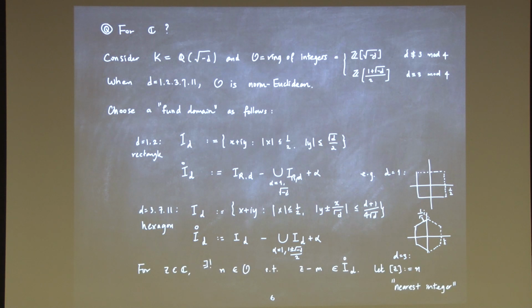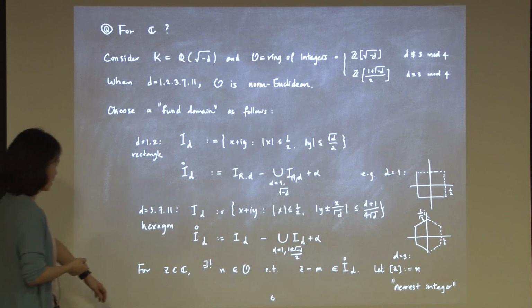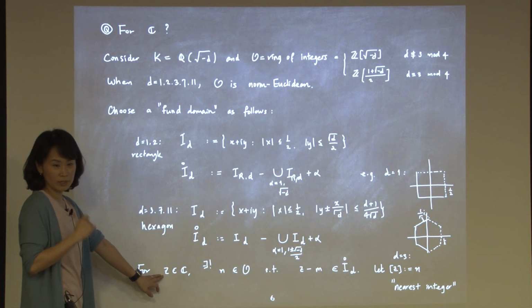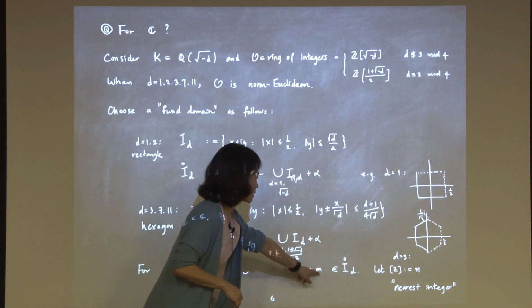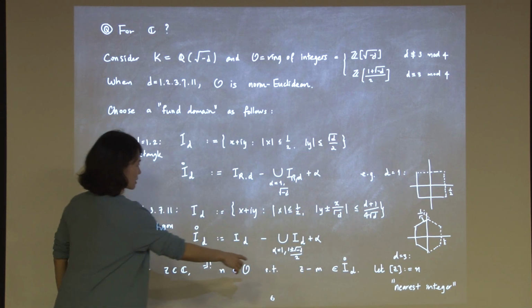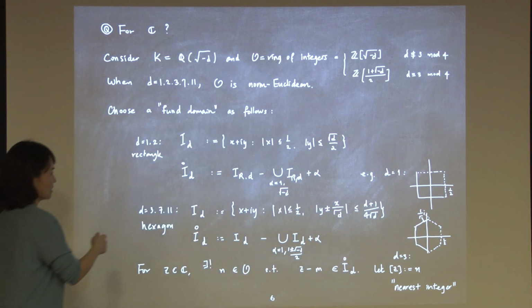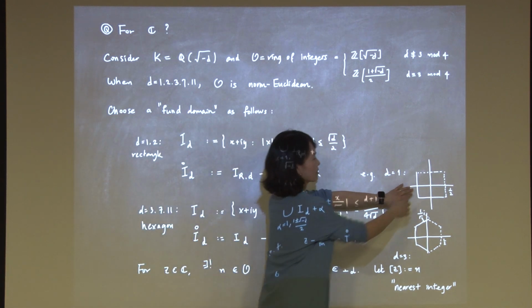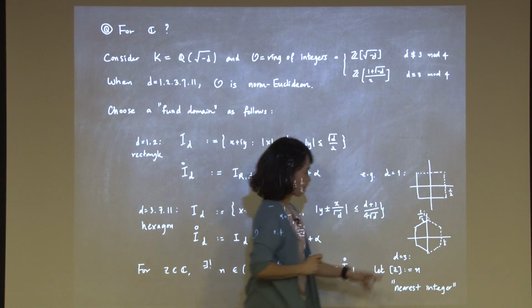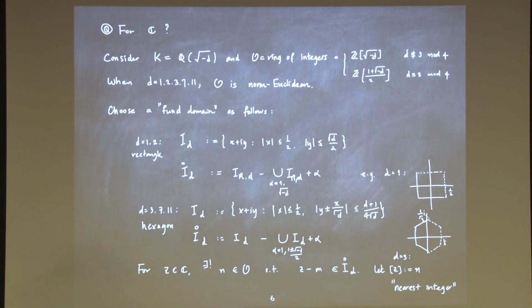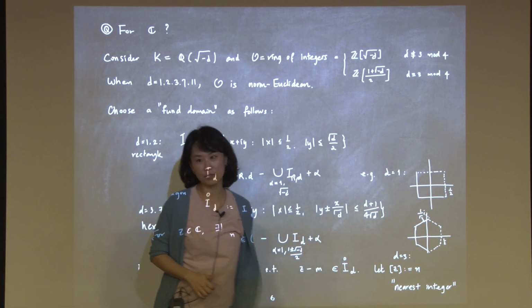Once you have the fixed fundamental domain, then for every complex number z, there's a unique integer such that if you subtract, then it will be inside. So this interior means this domain, including these boundaries, but not these boundaries. So in this case, we can think of it as the nearest integer continued fraction expansion.